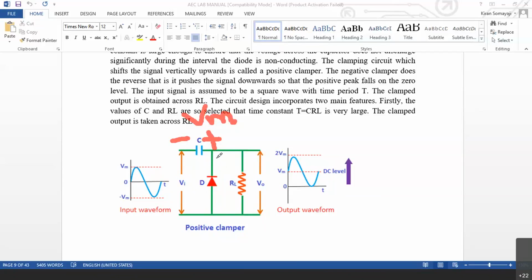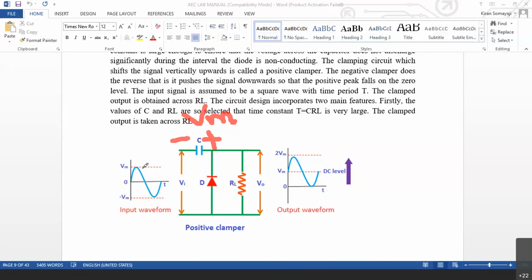And at that time, there is a maximum current flowing in the loop. In the positive cycle, there will not be maximum current flowing in the loop because there is this resistance. But in the negative cycle, this resistance is totally ignored because of the forward resistance of the diode. So there will be maximum current flowing. When that maximum current is flowing, gradually the capacitor will be charged up to Vm.